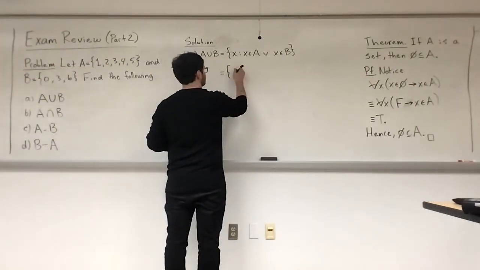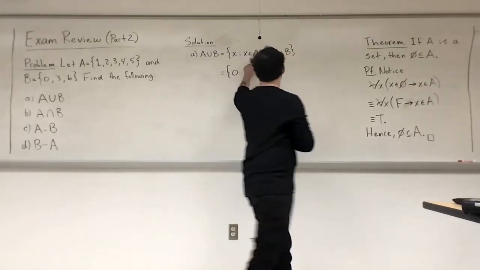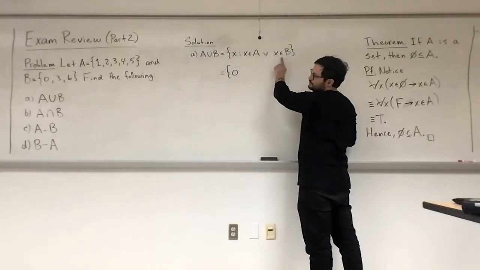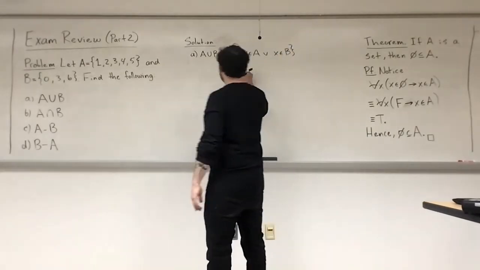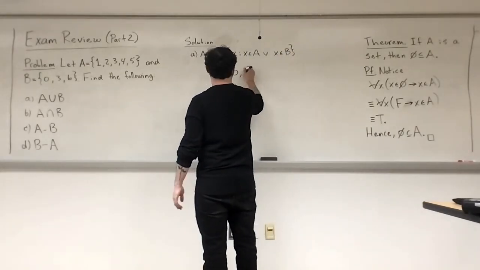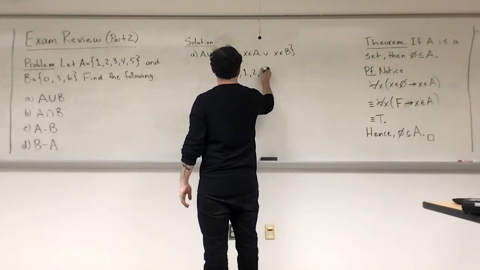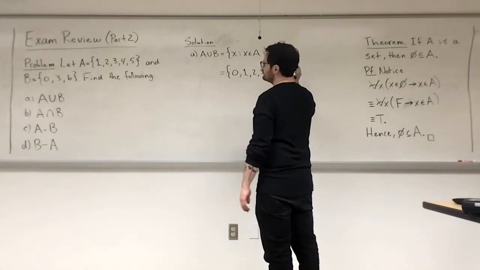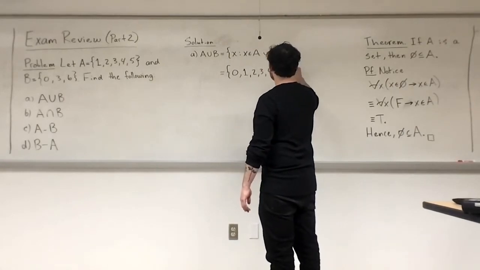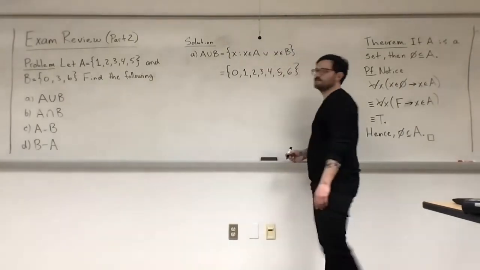Does 0 belong in there? Well, is 0 there or there? Yeah, so that would be true, the whole thing's true, it goes in that set. And then the same thing for all the other ones. And there's no repetition because it's a set.